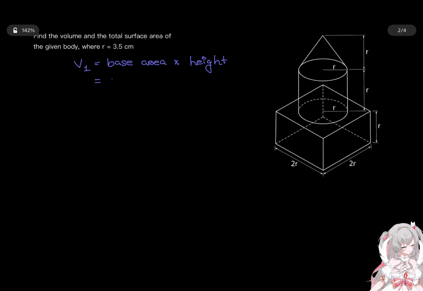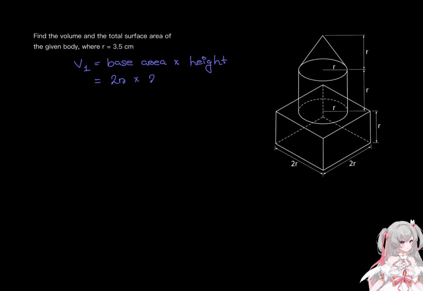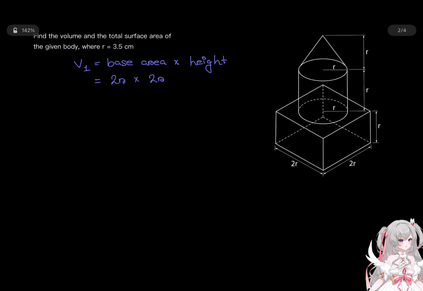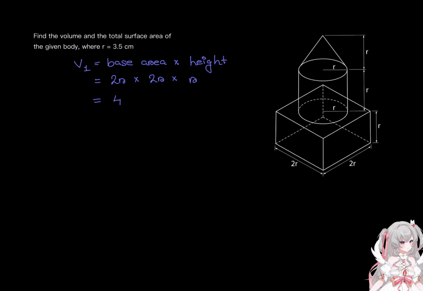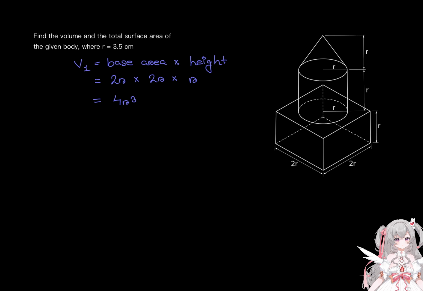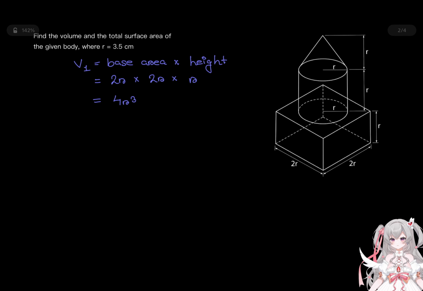So we would multiply 2r with 2r in order to get the base area, and then the r, which is the height. If we multiply them together, then we get 4r cubed. This is basically the volume of the prism.